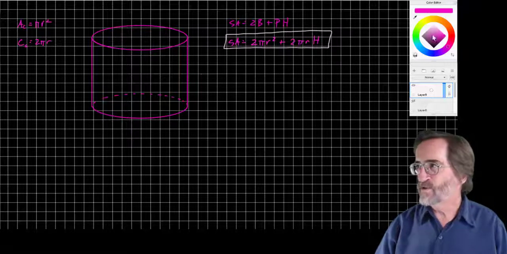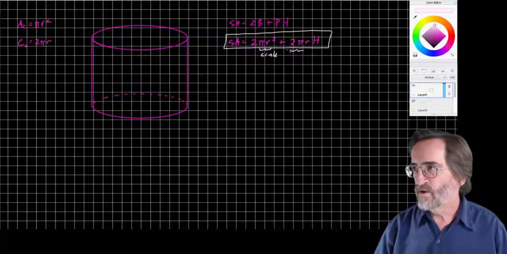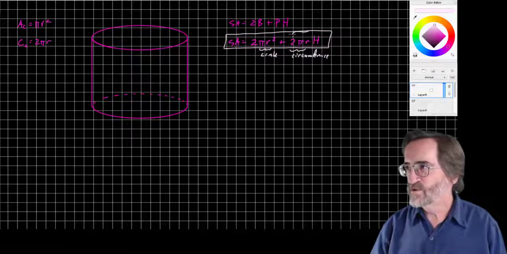Do note what these are. It's important to understand what these are. Pi r squared is a circle. 2 pi r is the circumference of a circle. And when we do 2 pi r h, we're doing just the lateral area.